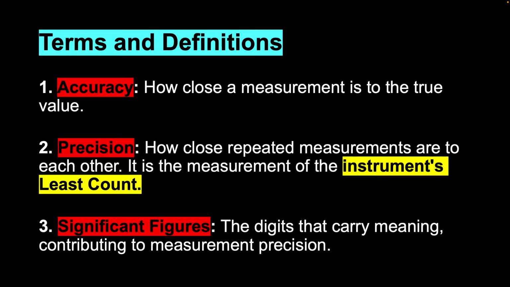Precision is how close the repeated measurements are to each other. It is the measurement of an instrument's least count. Let us say an instrument measures a physical quantity xyz, and precision represents how close these measurements are.